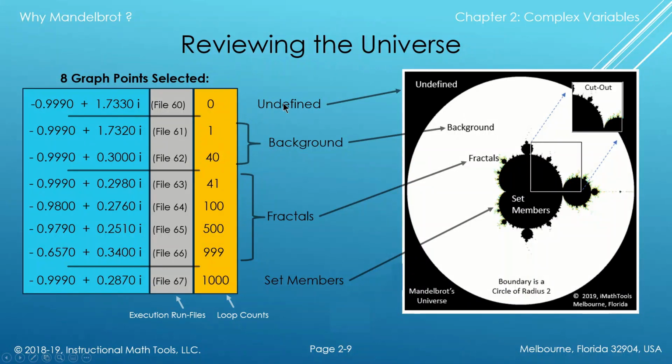And we went through that. What we're going to be doing right now is really looking at this just a little bit closer, and we're going to look at what's going on. These are run files right out of the recursive equation. You'll be able to see what's happening inside the recursive equation. These are various run files, one for each of these points that we picked. And we'll take these one at a time.